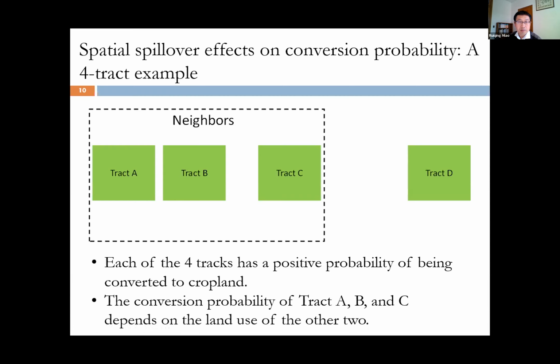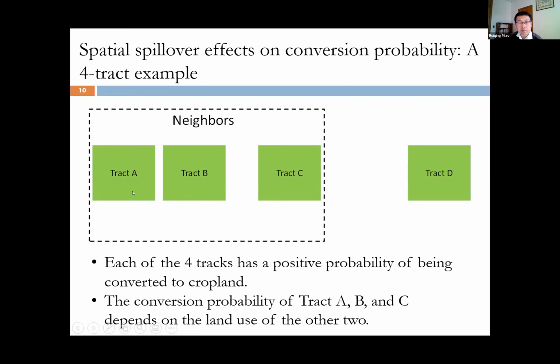So the spatial spillover effect, conversion probability is not the same. For example, for A, B, and C, if they're all maintained under grassland, their conversion probability to a parcel of cropland might be lower than when B or C are converted from grassland to cropland.